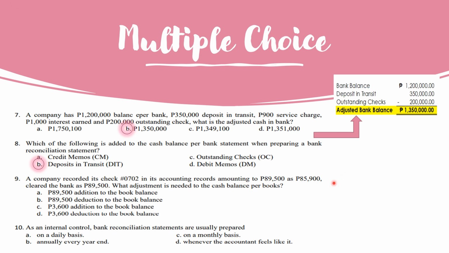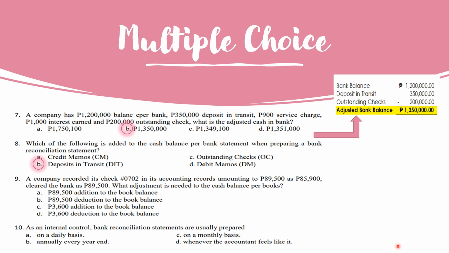Yung amount ng cheque is 89,500. Pero nung ni-record ko sa libro ko, debit expense 85,900, credit cash 85,900. So, ibig sabihin, binawasan ko yung cash ko ng 85,900 lang.